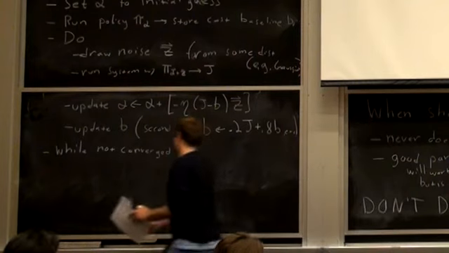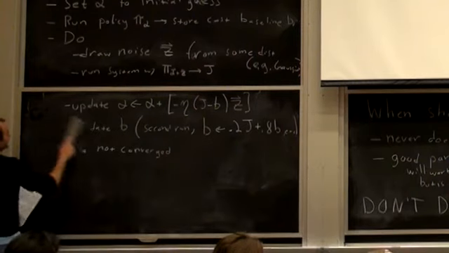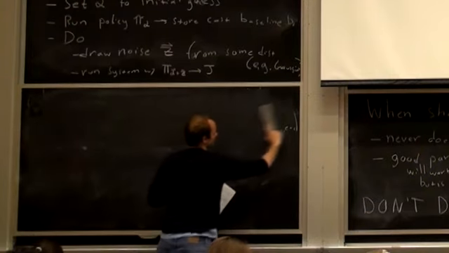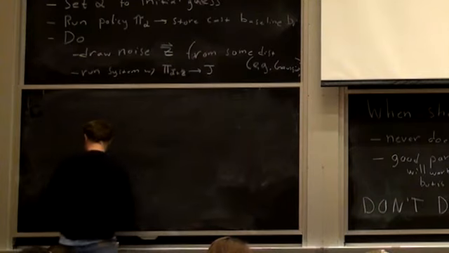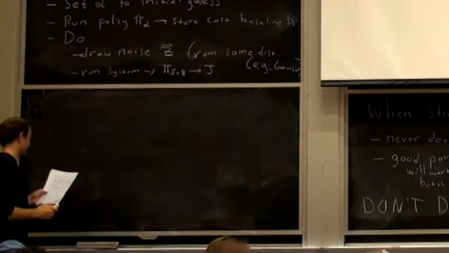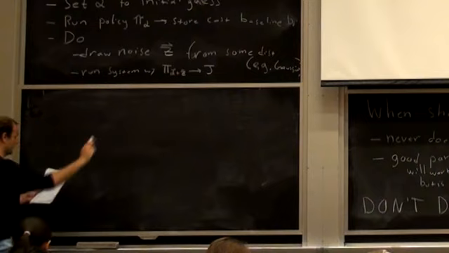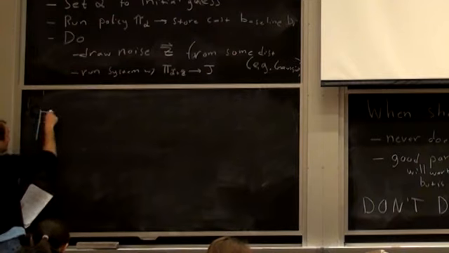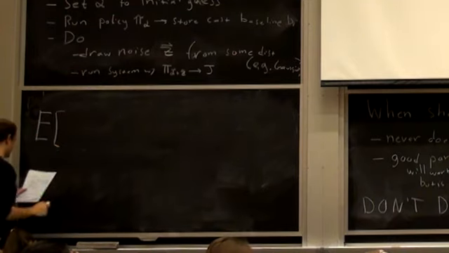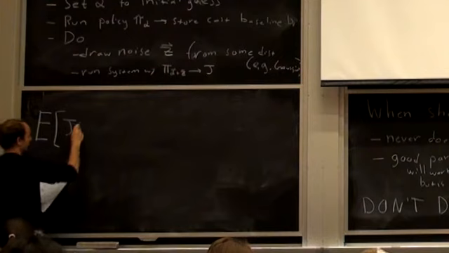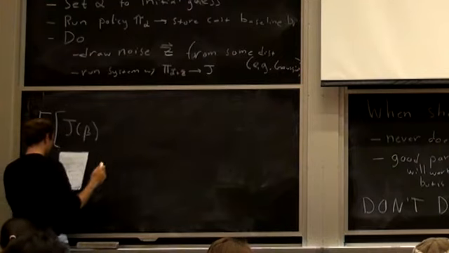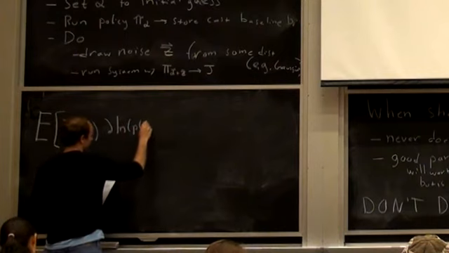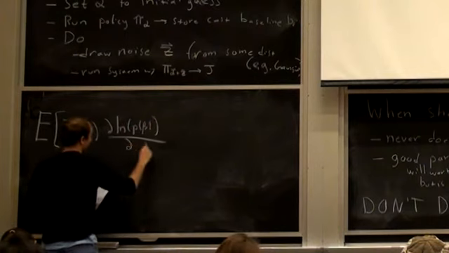I guess I can erase the pseudocode. So once you do that, if you look at that expression over there, what you can see is that it's the same as the expected value of J of beta, d ln P of beta, d alpha.